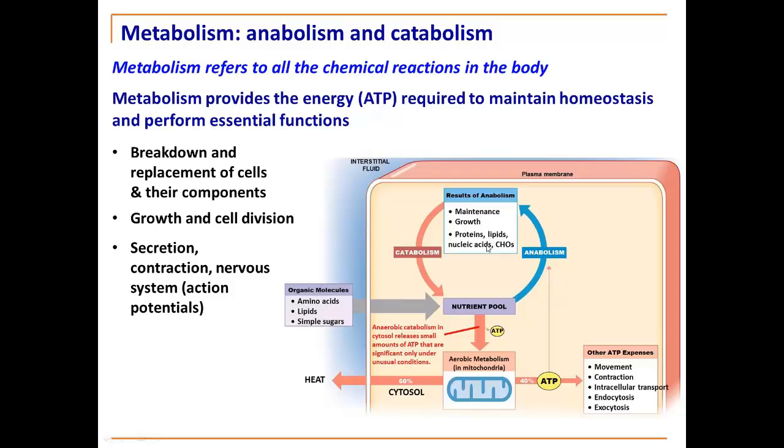By contrast, in between meals or when you're having to repair things, you're breaking down, and that's your catabolism. And you're breaking them down back into that nutrient pool of amino acids, lipids, and simple sugars. And within the cytoplasm of the cell, in particular when we're thinking about glucose, that can get broken down anaerobically to produce a very small amount of ATP.